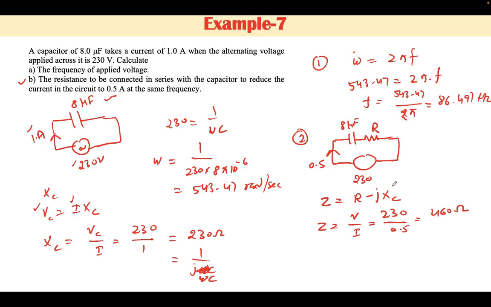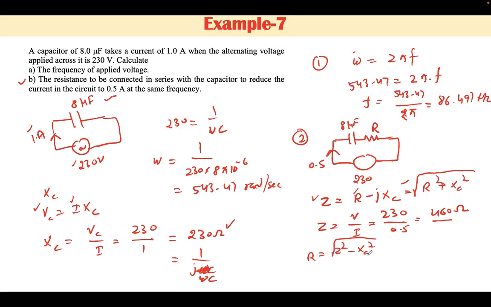Now applying this concept, Z is equal to the square root of R square plus Xc square. We know Xc is 230 ohm, R is unknown to us, and Z is 460, so we can find out R. R will be equal to the square root of Z square minus Xc square.